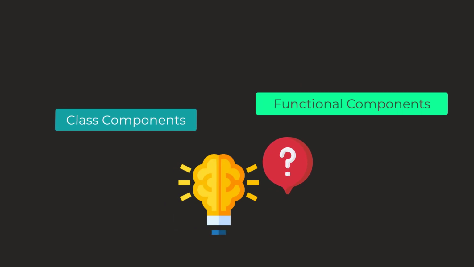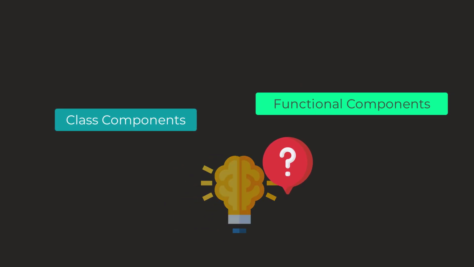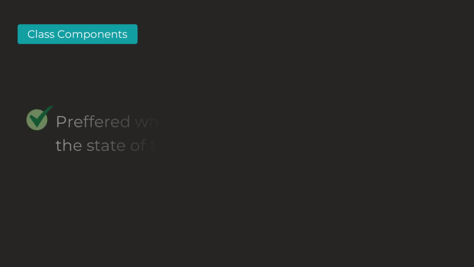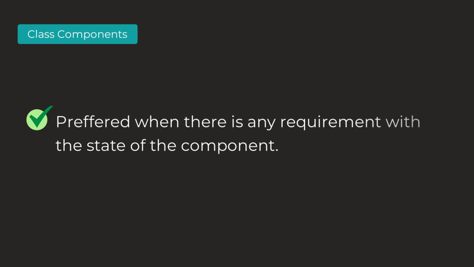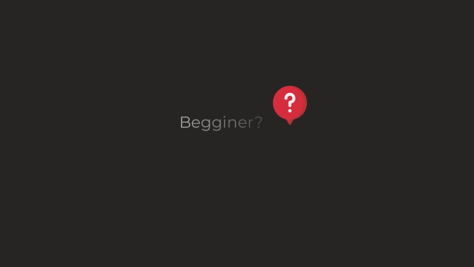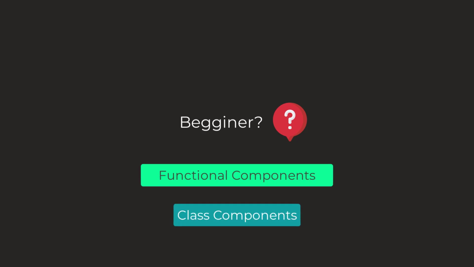Now let's talk about which components to use and when to use them. Class components should be preferred when we have a requirement with the state of the component. And if you're a beginner, it's very important that you learn both functional components and class components to get an idea of how the components work in React.js.